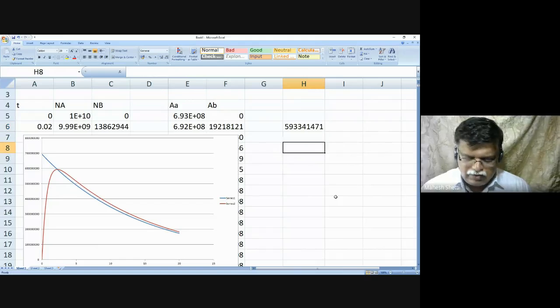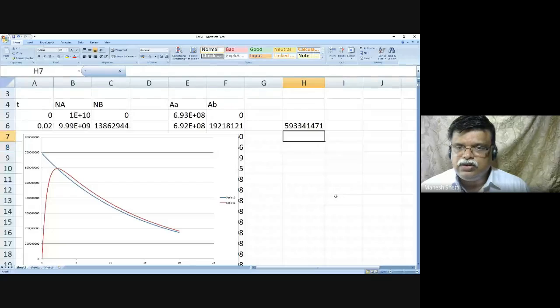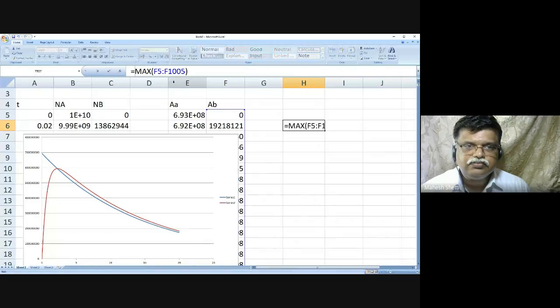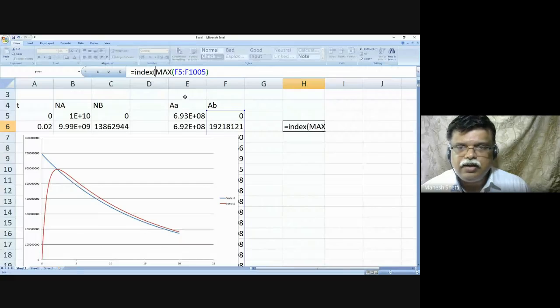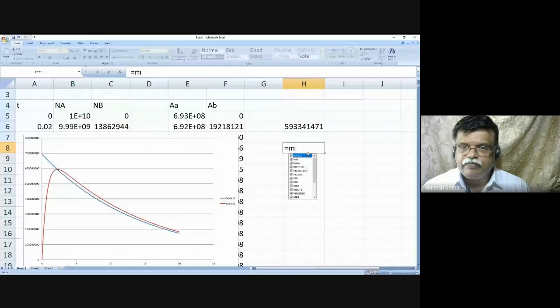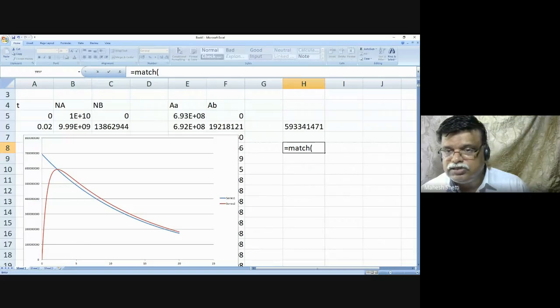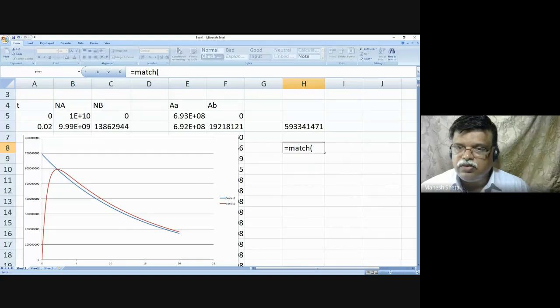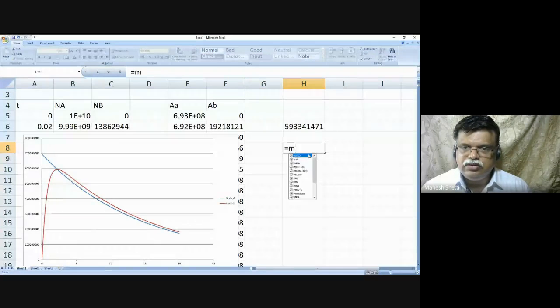Let me quickly check that. If I want match, I can use this match function.